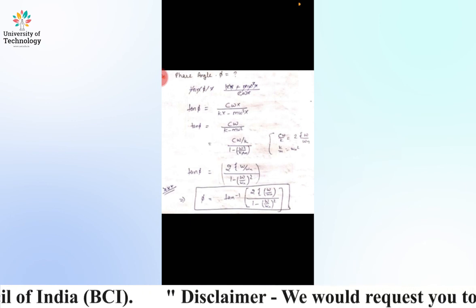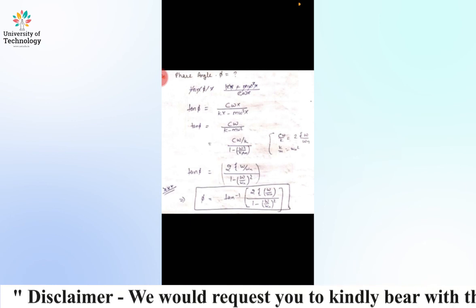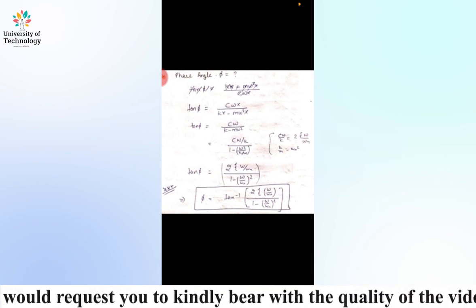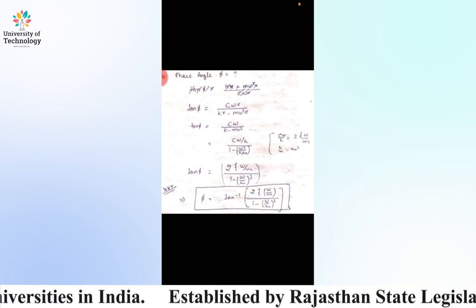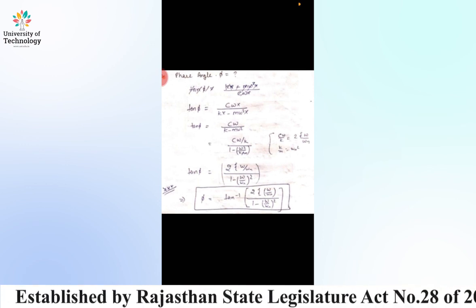If we divide by k on both sides, then we get tan phi is equal to 2 zeta omega by omega n upon 1 minus whole square of omega by omega n. Then we get the value of phi.